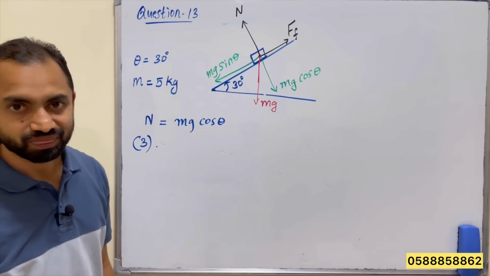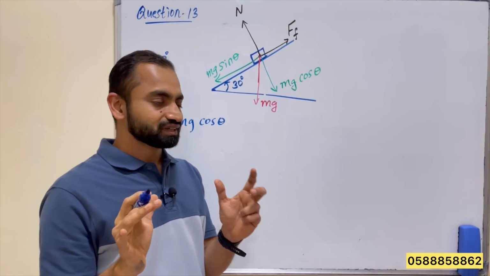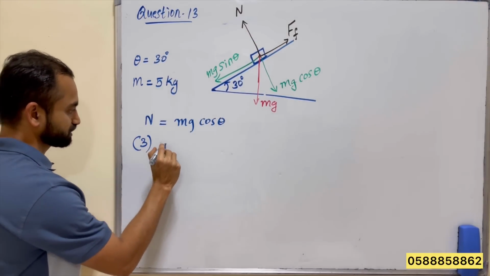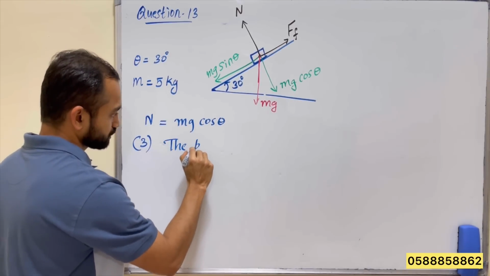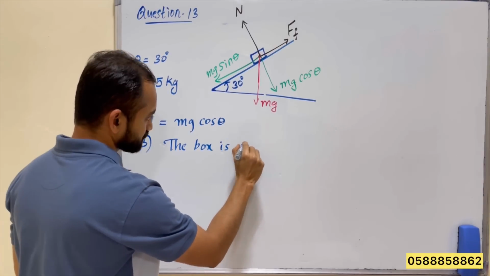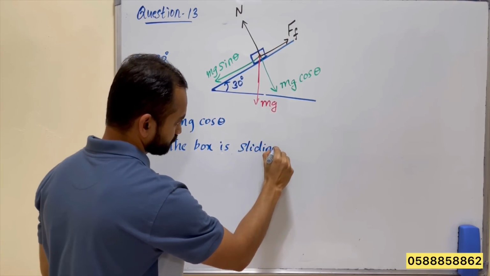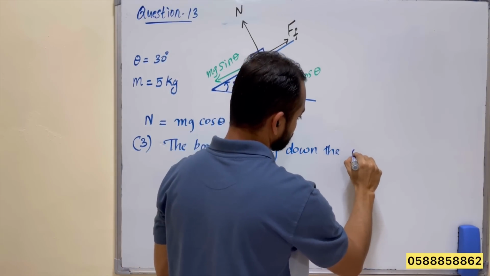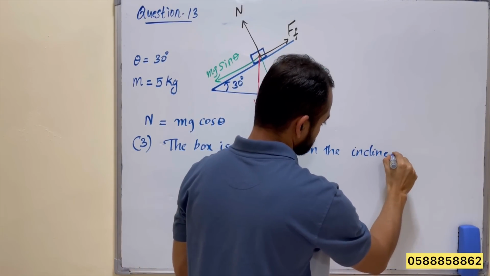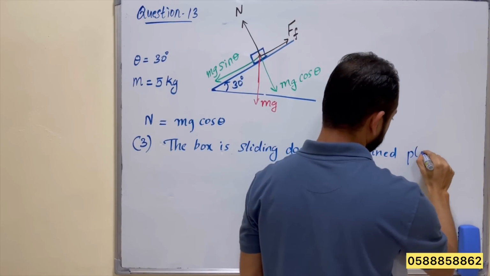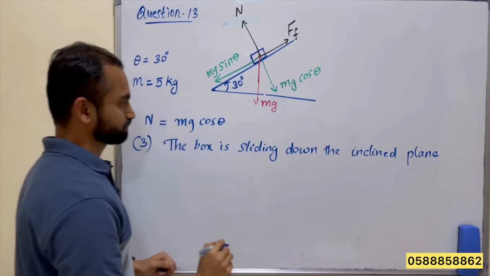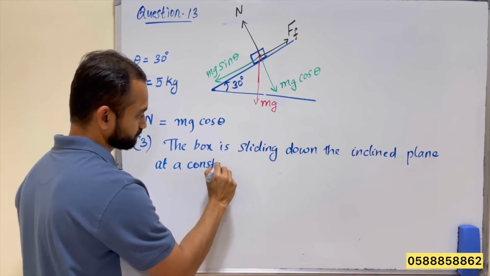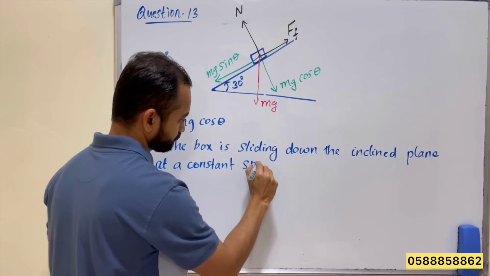Question number 3. The box is sliding down the inclined plane at a constant speed.